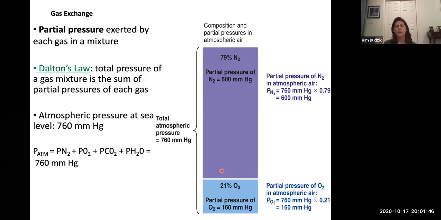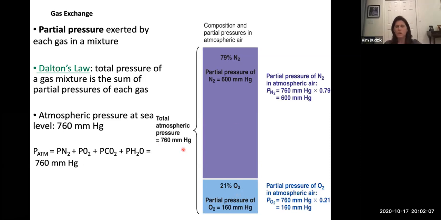Well, we don't really use nitrogen in our body. We have to rely on plants to get a source of nitrogen. We can't use it in this form. But what we do use is the oxygen, in its O2 form. So we want to know the partial pressure of oxygen, and we just do the same method.